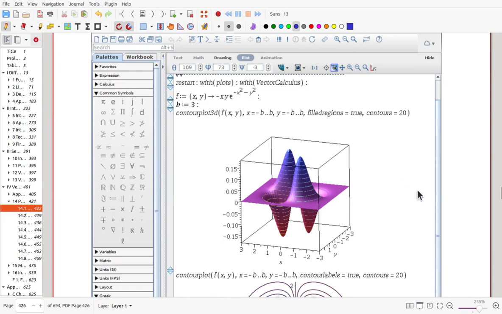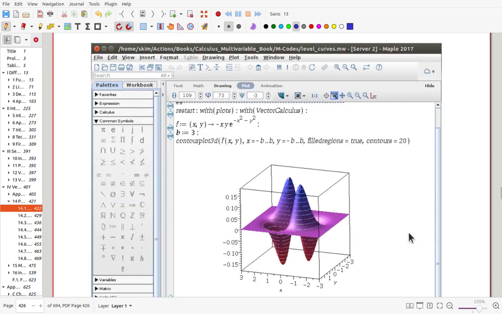Here we have an example. Now the function is defined to be minus xy e to the minus x squared minus y squared. This is a Maple code, and Maple requires importing the packages. So by using the with command, you can do that.